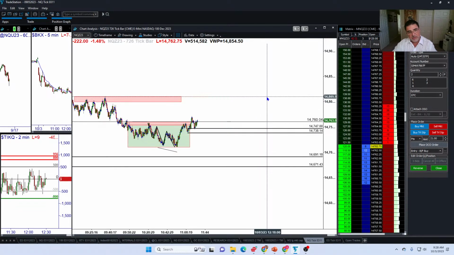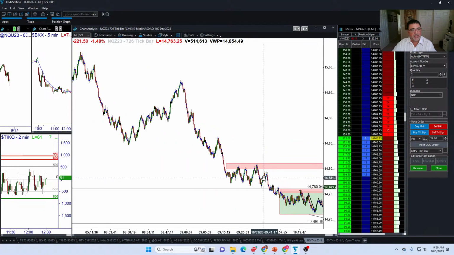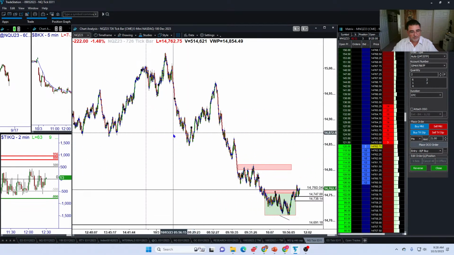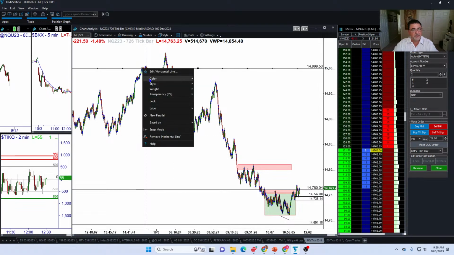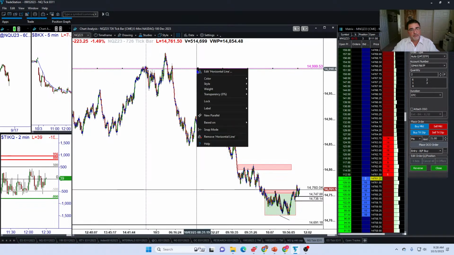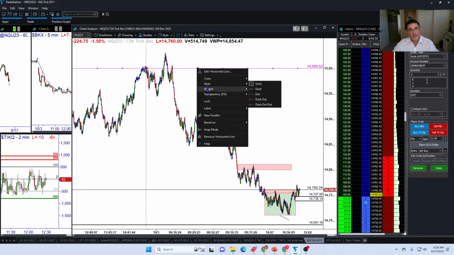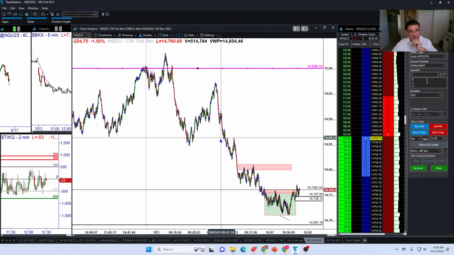Breakout, we're anticipating a gap fill. So on this price chart, let's find that gap fill. All right, back up 15,000.